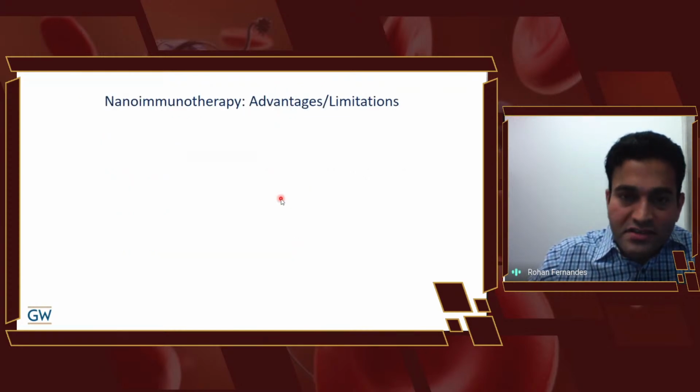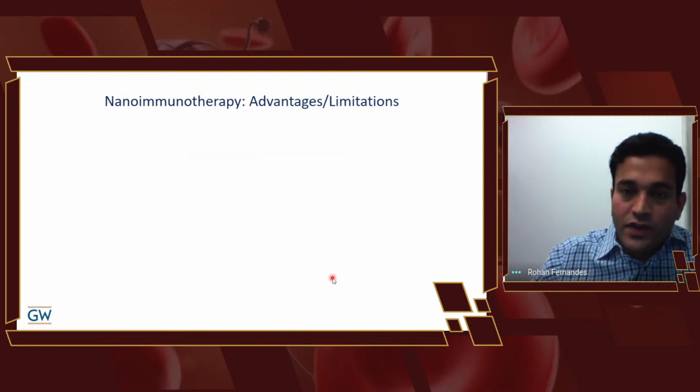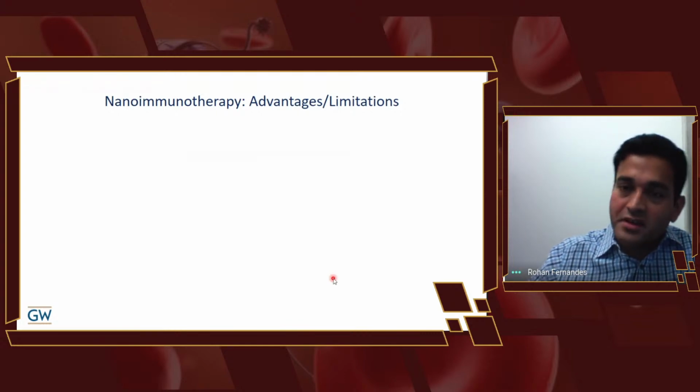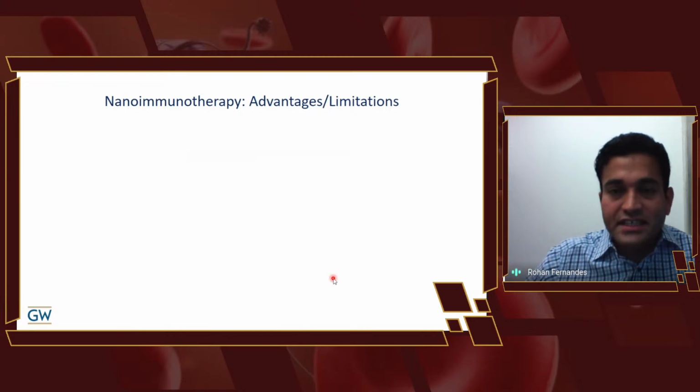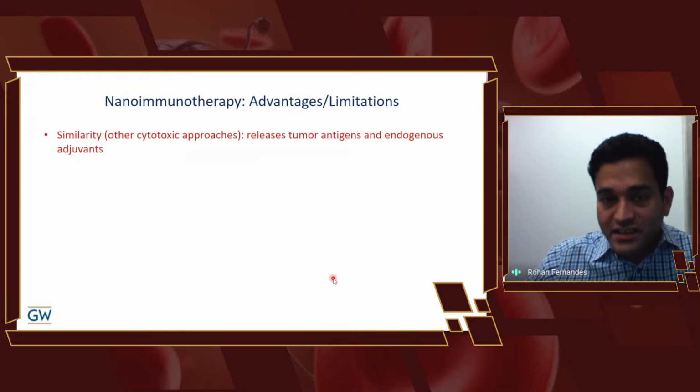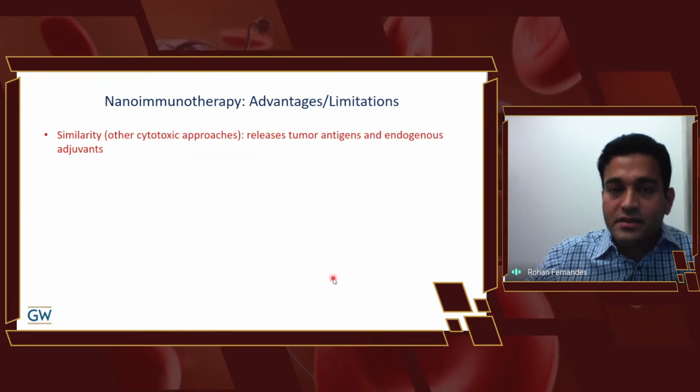So now that we've described the phenomena that the nanoparticles and the nanoimmunotherapies contribute to, there are some advantages and some limitations that I'd like to describe. Similar to other cytotoxic approaches such as radiation therapy, ablative therapies, and chemotherapy, PTT releases tumor antigens as well as endogenous adjuvants.